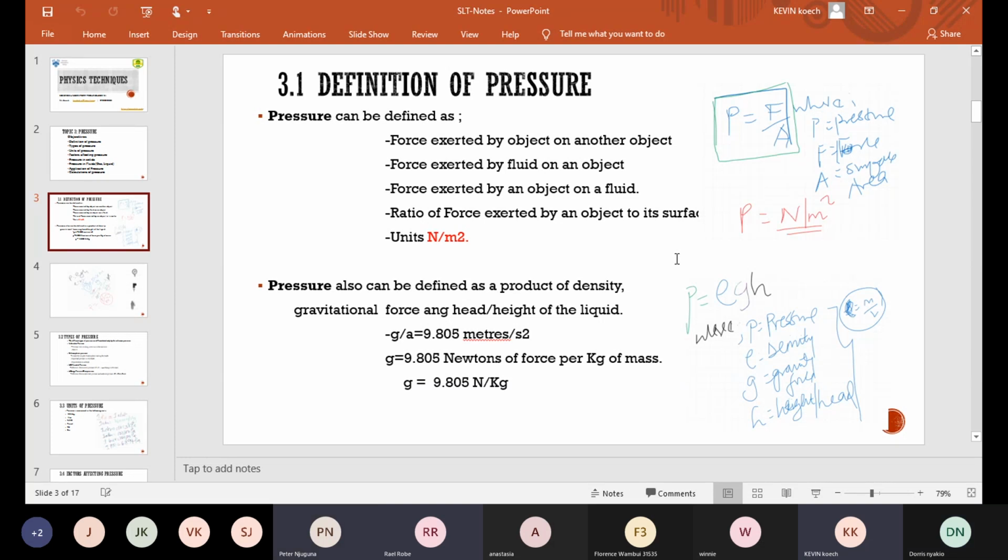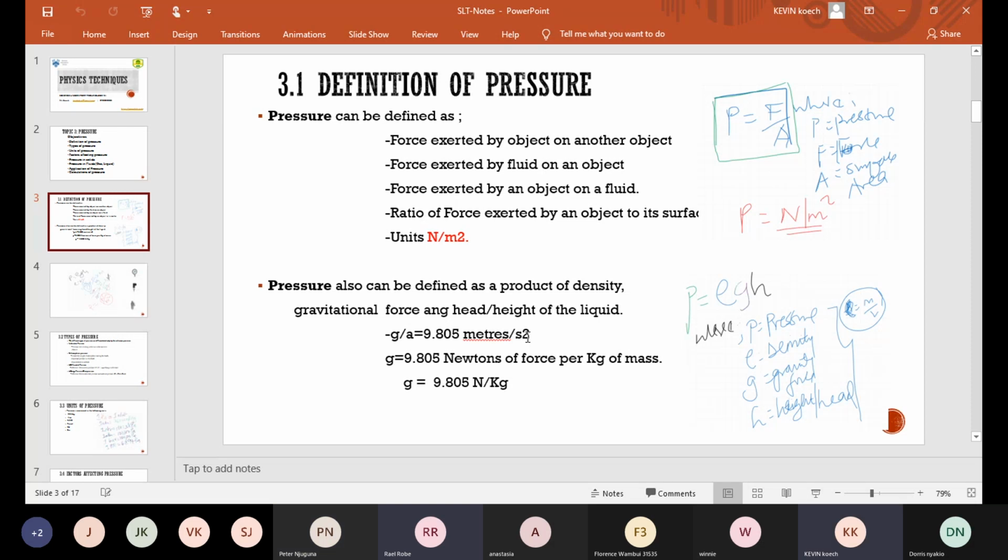Anyway, so it's a force exerted by an object or by a substance or fluid. It can be a ratio also, force divided by its area or surface area.